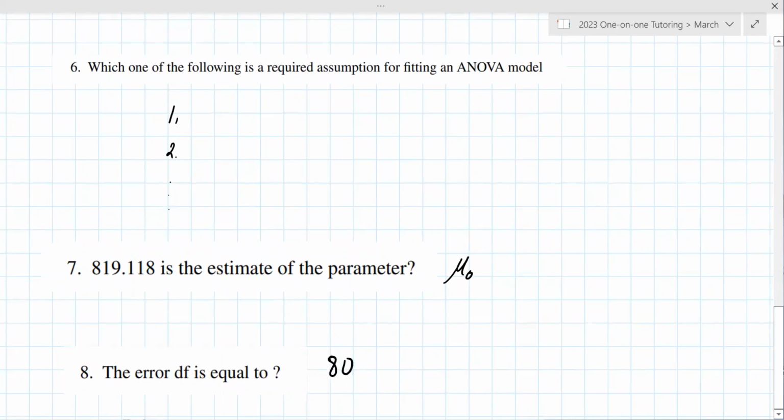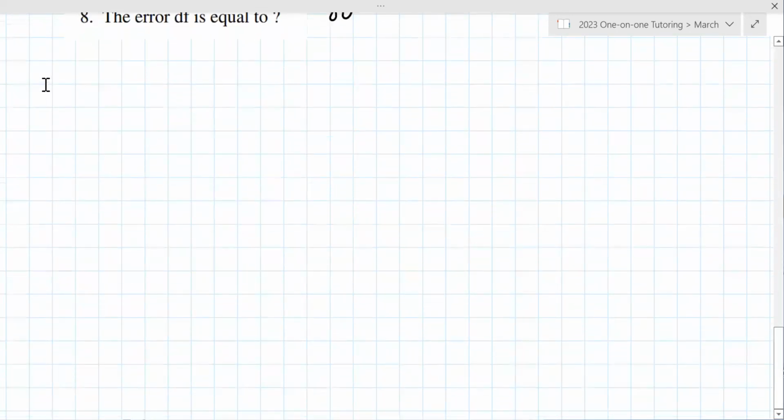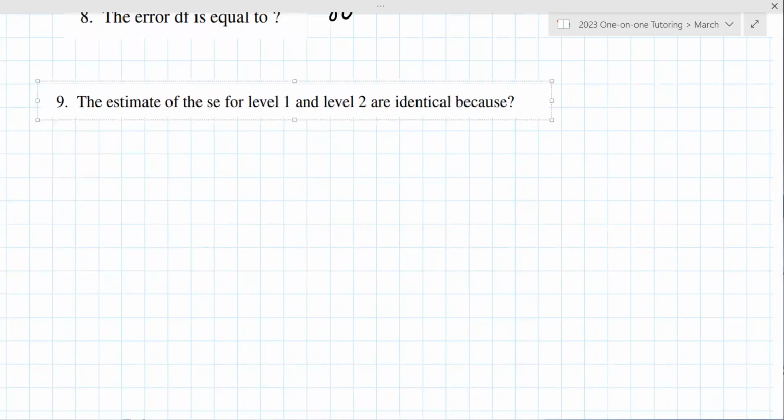And then wait, let's see. 9, the estimate for the standard error for level 1 and level 2 are identical. Okay, in class, he said that they're identical because the sample size is the same.